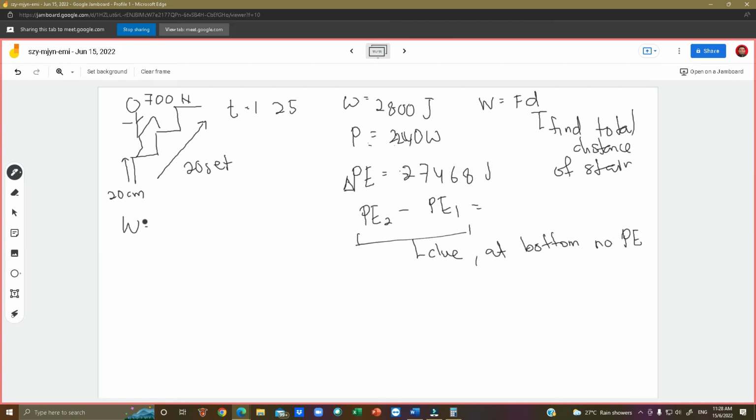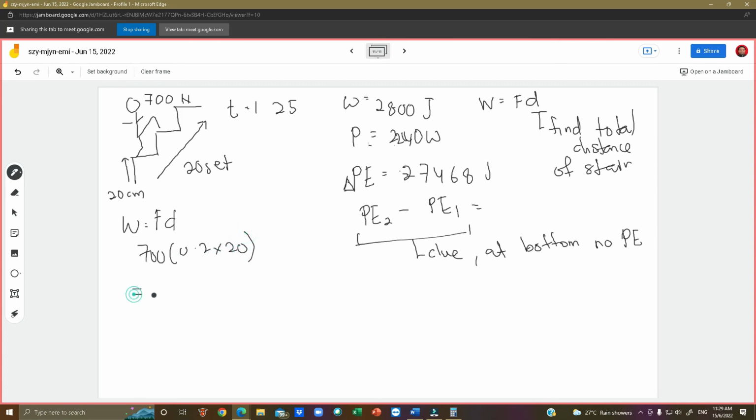Okay. Alright. So the first one, work. How 2,800 joules you have here. So work is force time distance. So distance ni kita kena shuttle dulu. 20 ni 0.2 lah. Right? Force is 700. 20 ni 0.2 for every single one kali dengan 20 set.